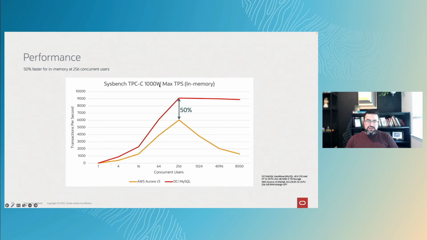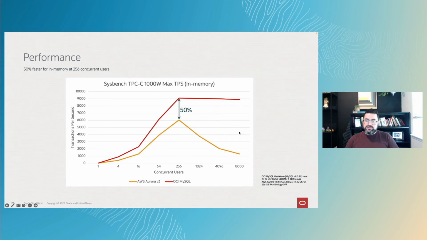For this workload, which is an in-memory benchmark, we could have 50% more performance than Aurora at 256 concurrent users. But in all cases, we are more performant. Another thing is we keep stable, even if we increase the number of concurrent users.